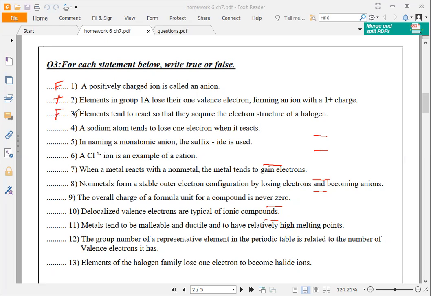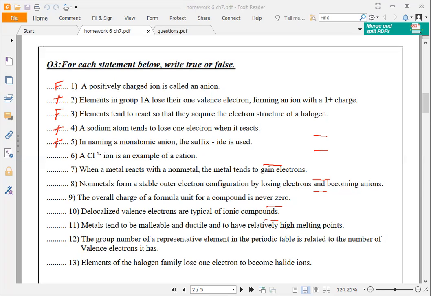A sodium atom tends to lose 1 electron when it reacts. That's true. In naming a monatomic anion, the suffix -ide is used. That's true. A Cl-1 ion is an example of a cation.